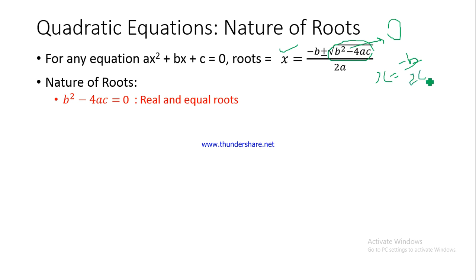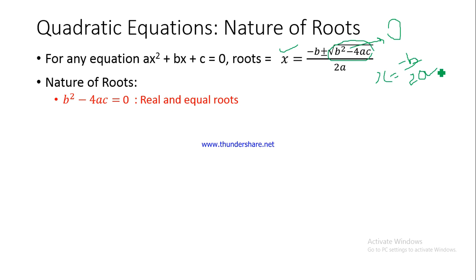Is this making sense? So x will be equal to minus b divided by 2a, which means we would be getting just one value. But since it is a quadratic equation, there are got to be two values of x which satisfy this equation.